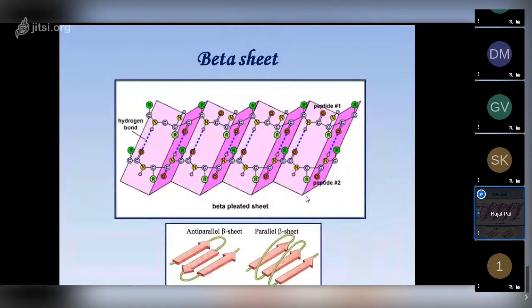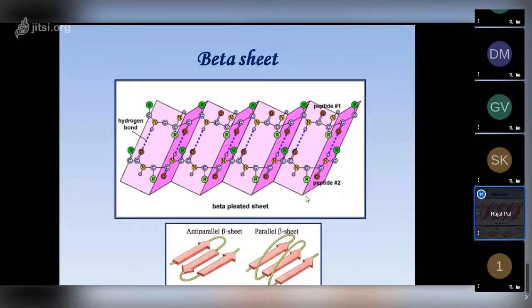The second most important secondary structure in the protein molecule is the beta sheet. I think all of you have seen the asbestos sheet that we use to cover our houses, right?